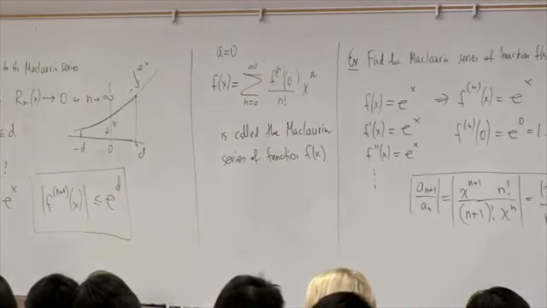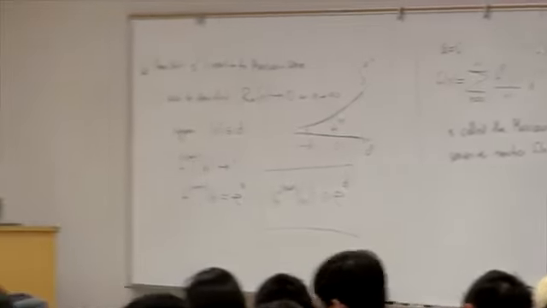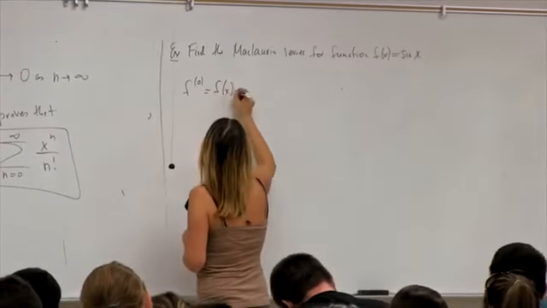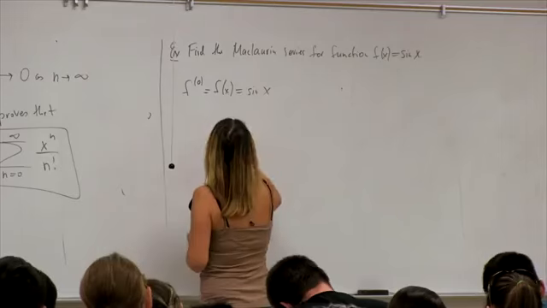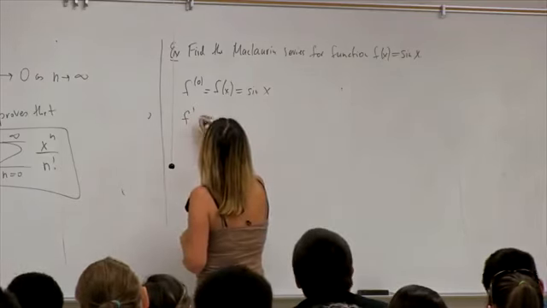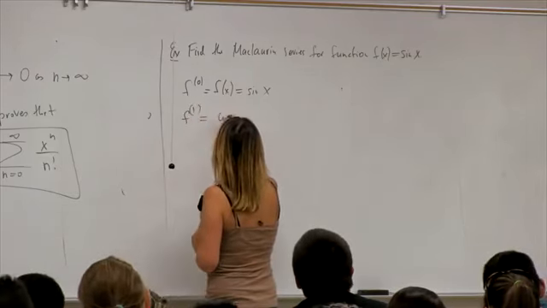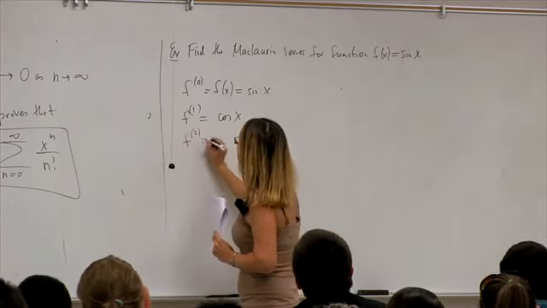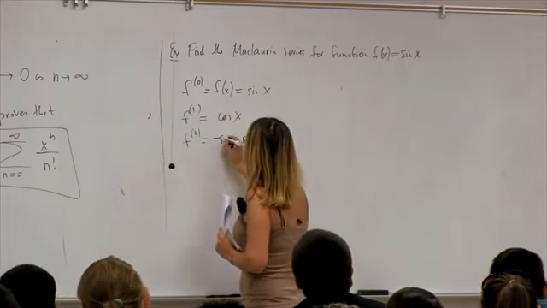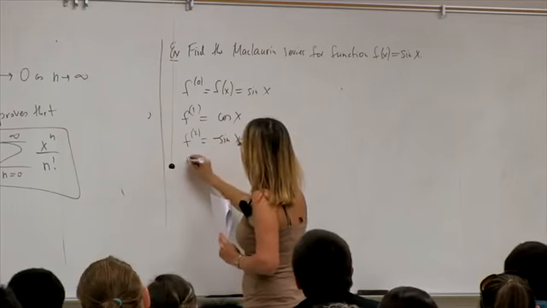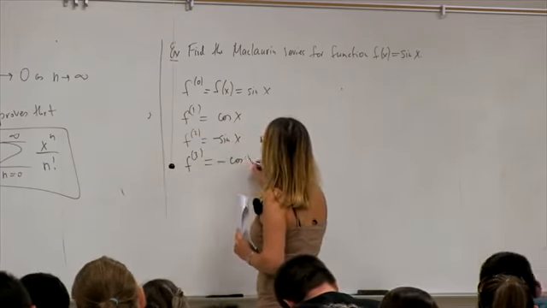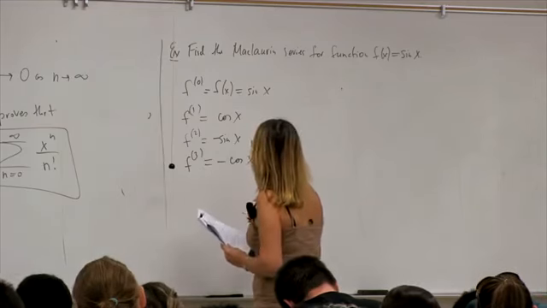So the zeroth derivative is the same as f of x, which is sine x. The first derivative is cosine x, right? The second derivative is minus sine x. The third derivative is minus cosine x.